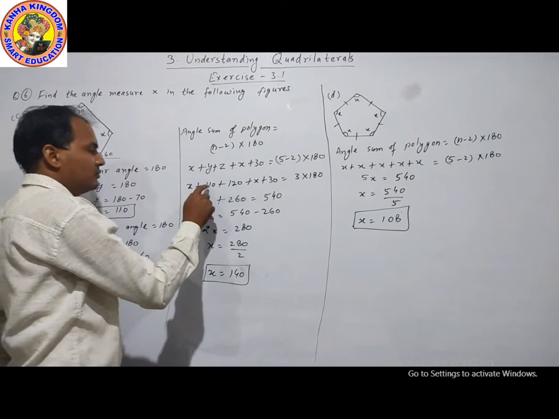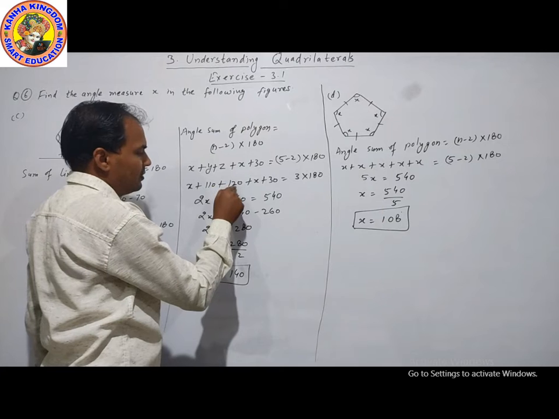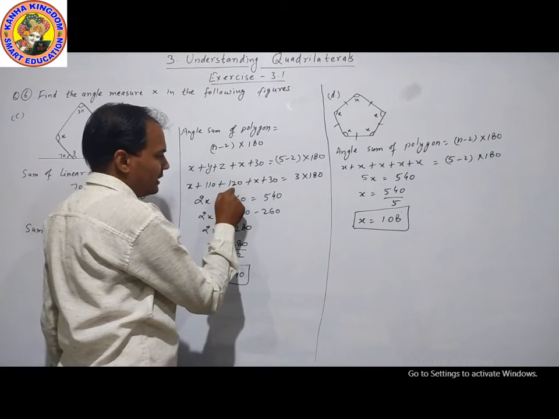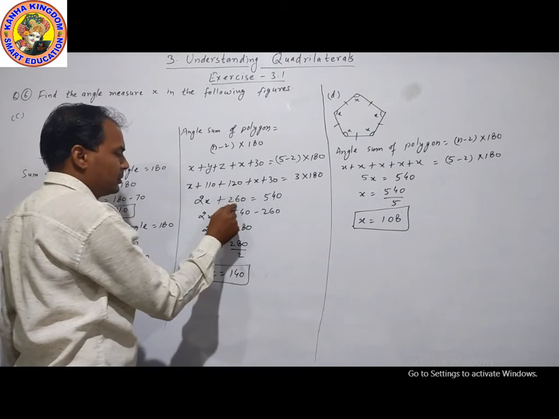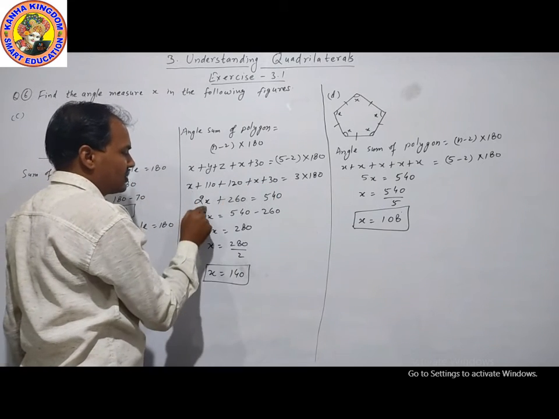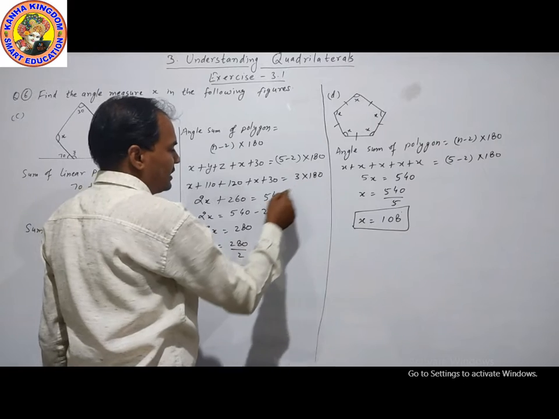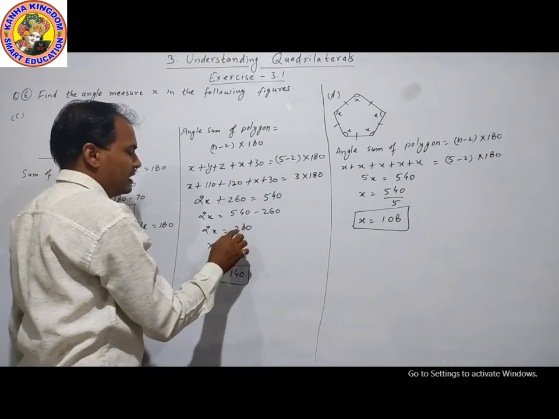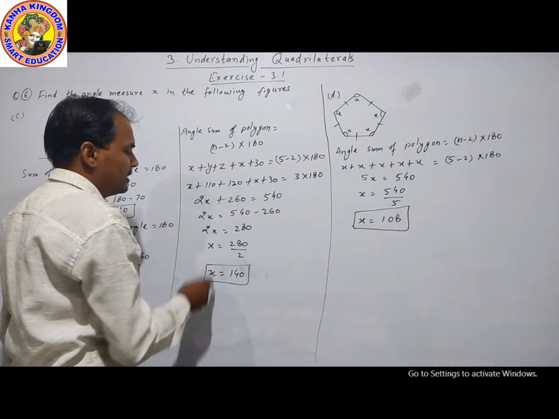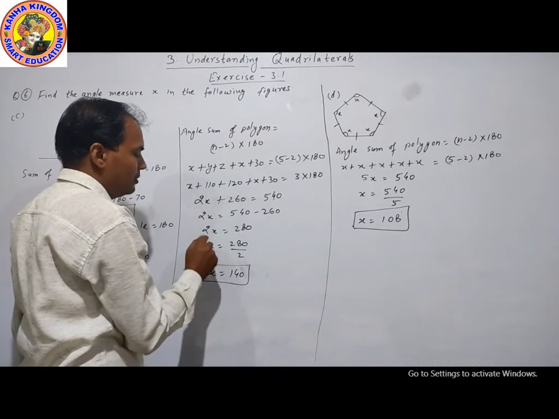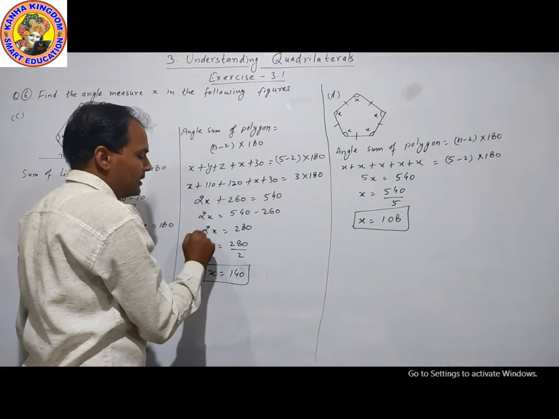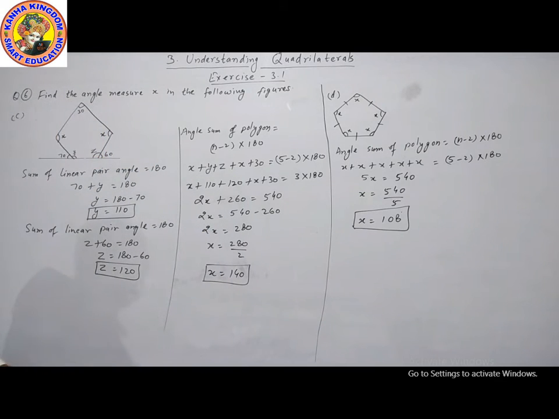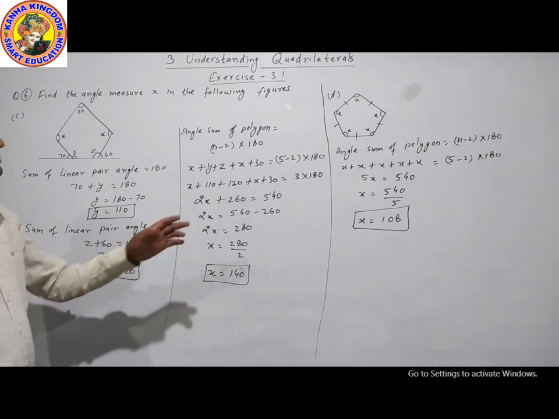Now 110, 120, by adding these 230 plus 30, 260, x and x 2x, 3 into 180, 540. Now transposing this, we get 280. Now this is multiplied by 2, so we will divide by 2. Answer is 140. The value of x is 140.